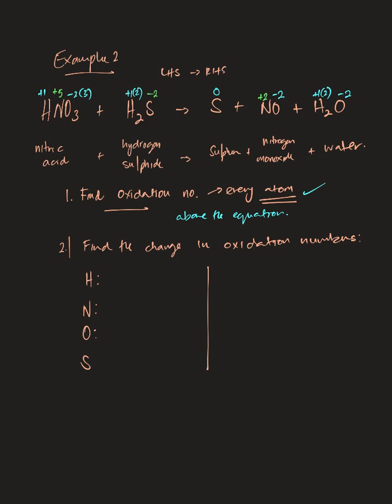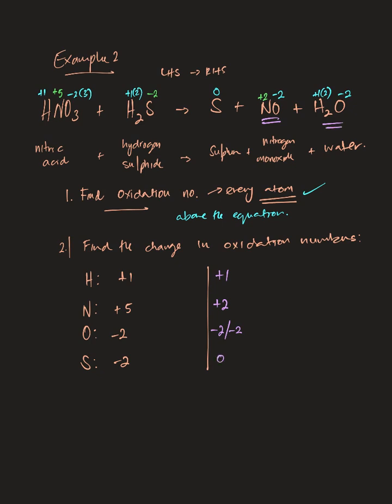On the left hand side, my charge of hydrogen is +1, nitrogen +5, oxygen is -2, and sulfur was -2. On the right hand side, my charge of hydrogen was still +1, nitrogen was now +2, oxygen was -2 and -2, so I'm looking at the nitrogen monoxide and the water, and then the sulfur was 0.